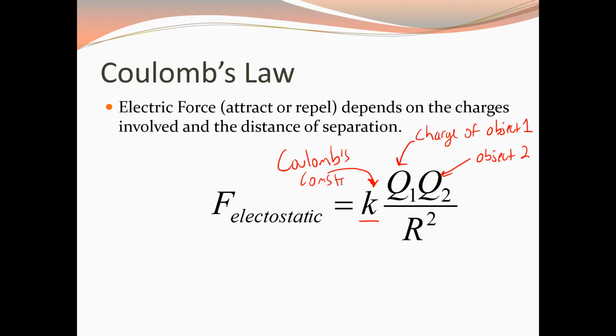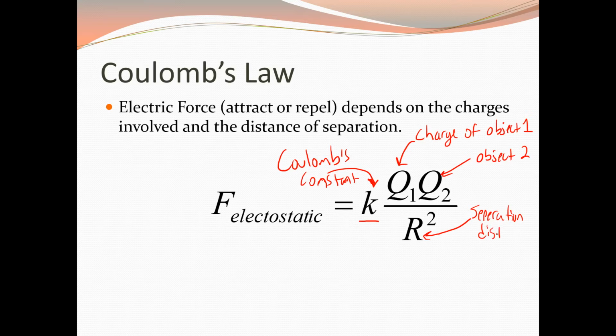Coulomb's constant is much like the universal gravitational constant, just a constant that basically makes the equation work. This R here, much like with gravitational force, is the separation distance between the charges.